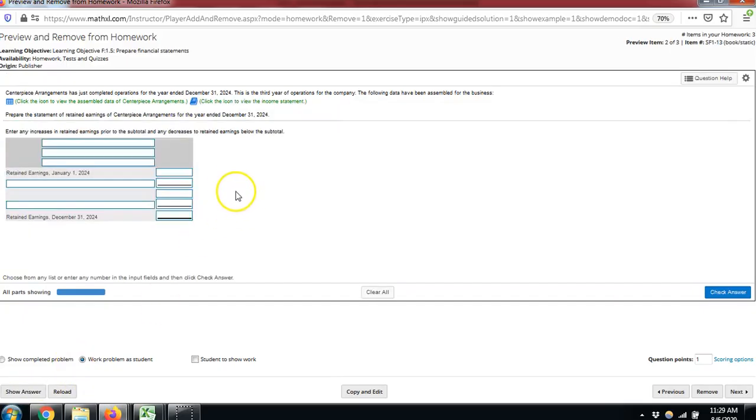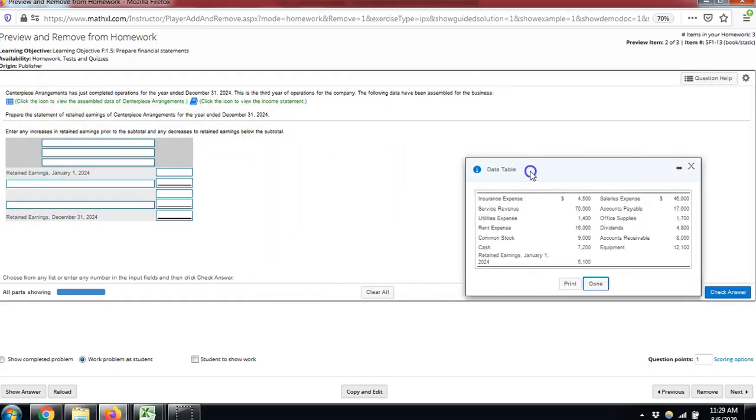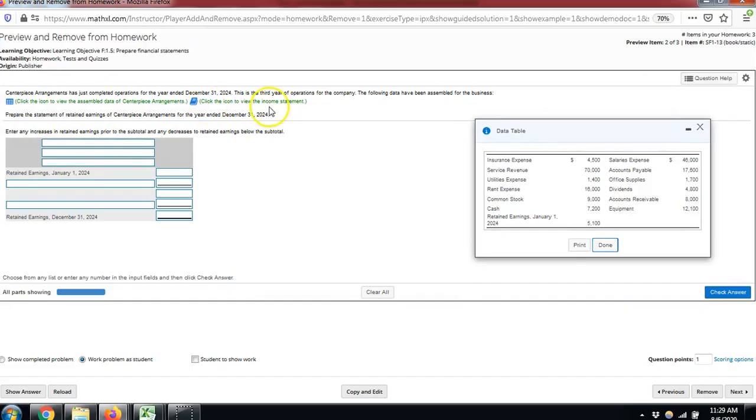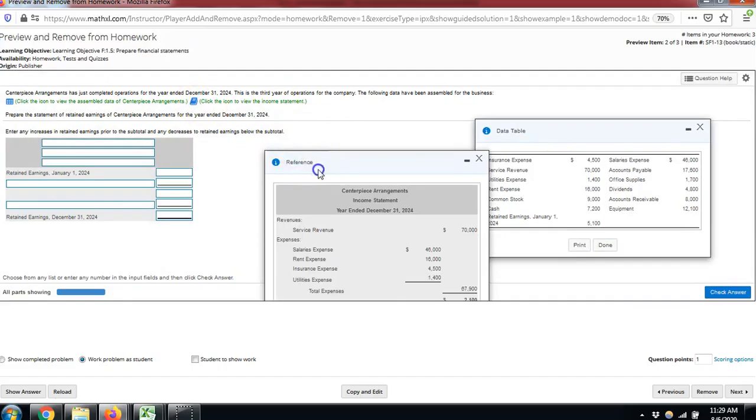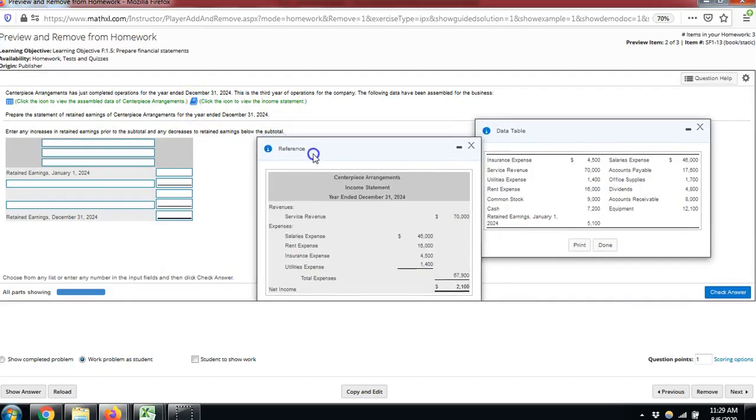Okay, so our next financial statement that we're going to put together is the statement of retained earnings. Let's see what information they're going to give us. We again have our account information, and we also have our income statement. Let's go through the header again.